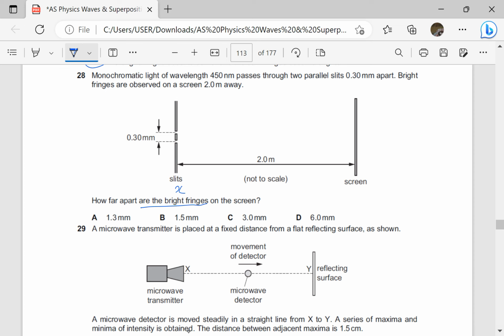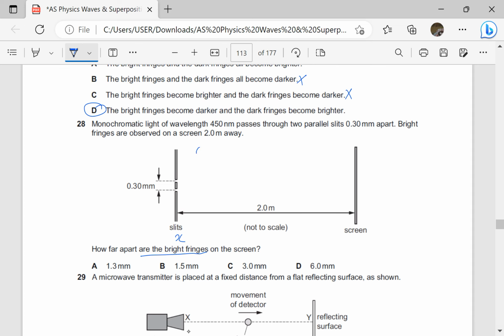So that is x. For a double slit, lambda is equal to ax divided by D. So x is going to be lambda, which is 450 times 10 power negative 9, times D, which is 2 meters, divided by a, the slit separation, which is 0.3 times 10 power negative 3.